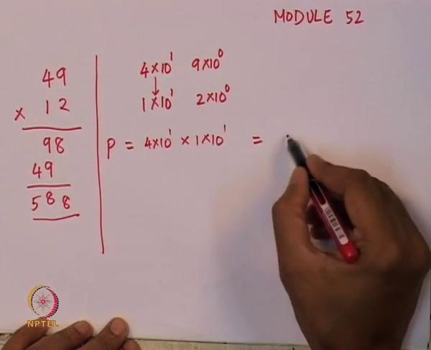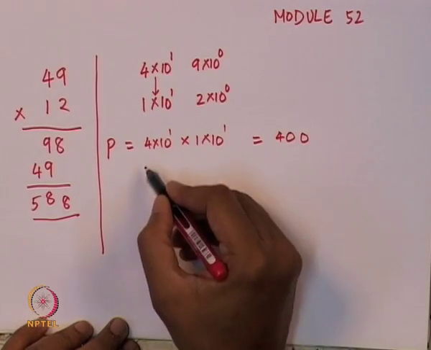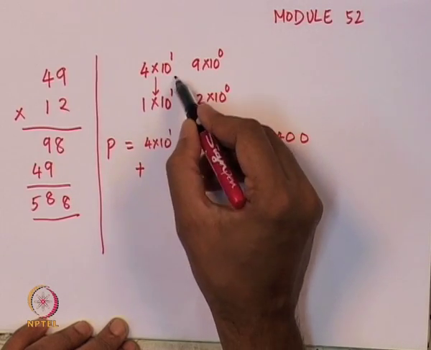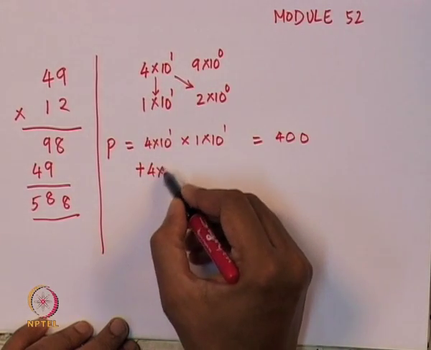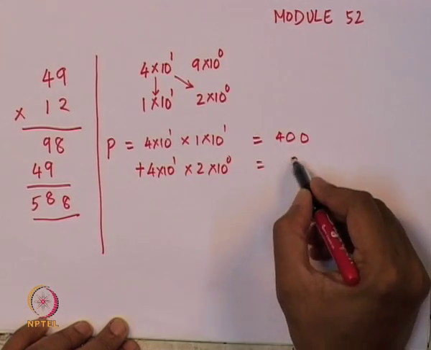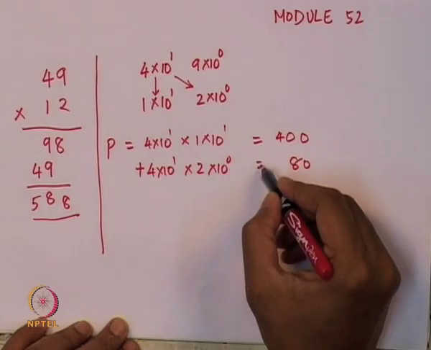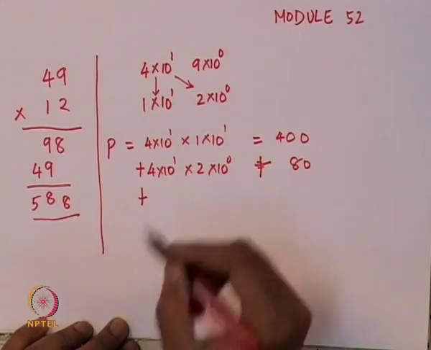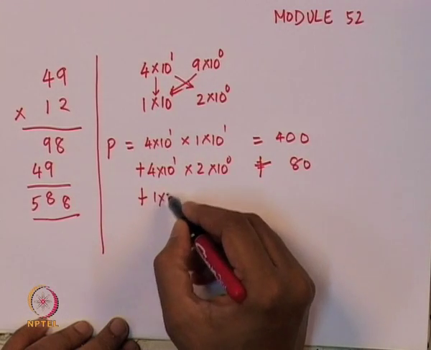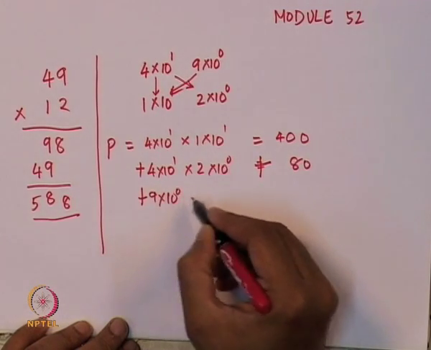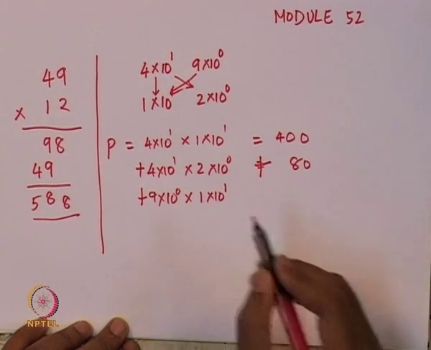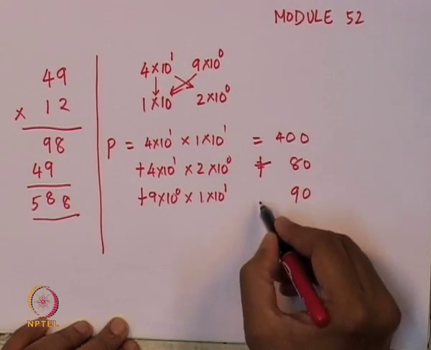So, the result is 400, plus then let us say I do these two together now, 4 into 10 power 1 times 2 into 10 power 0, that is 80. Then I am going to add these two, 9 into 10 power 0 times 1 into 10 power 1, so that is 9 into 1 into 10, that is 90.